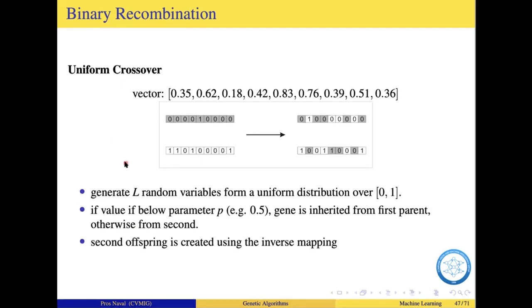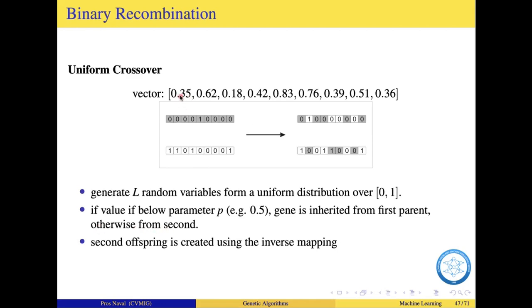Uniform crossover. We generate a vector here. We generate L random variables from a uniform distribution over the interval 0, 1. Then if the value here is below some parameter p, for example 0.5, the gene is inherited from the first parent. Otherwise, it is inherited from the second.